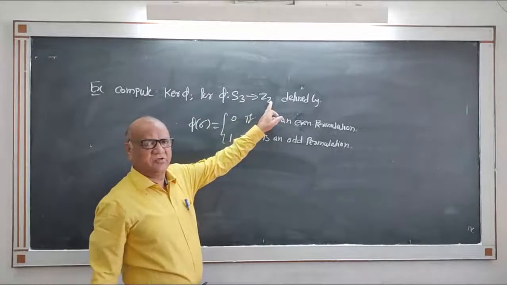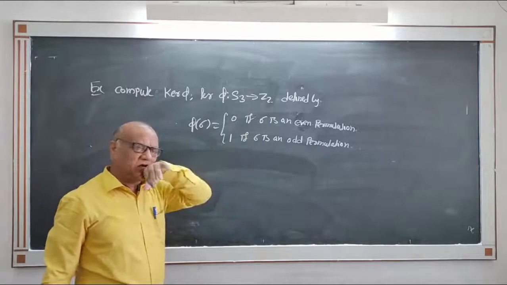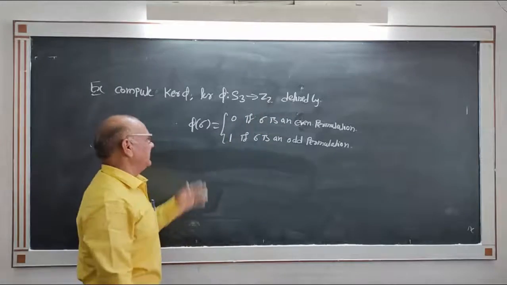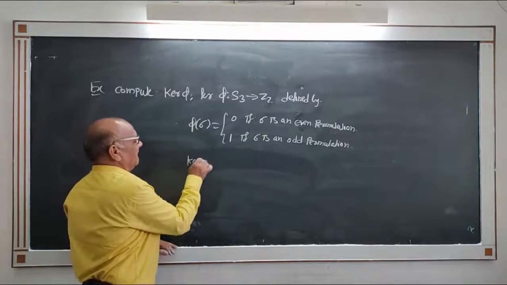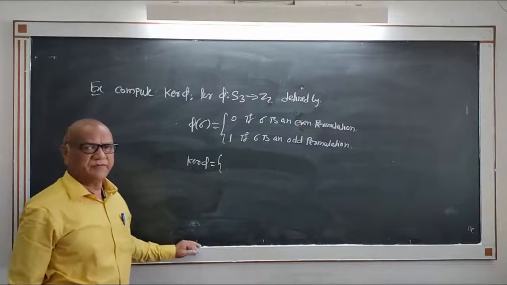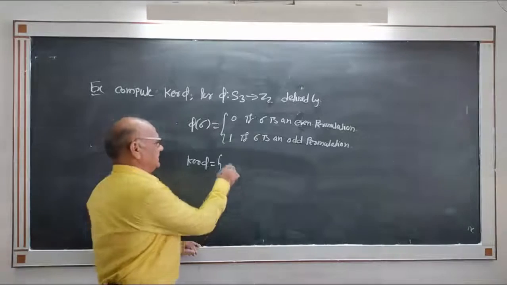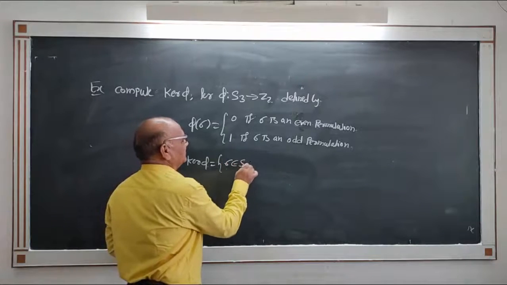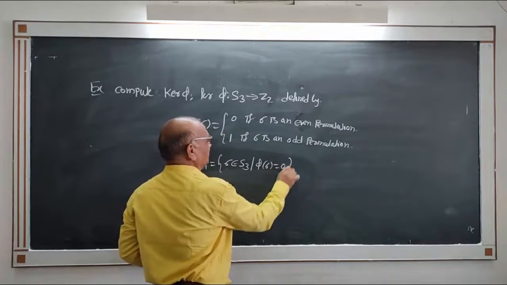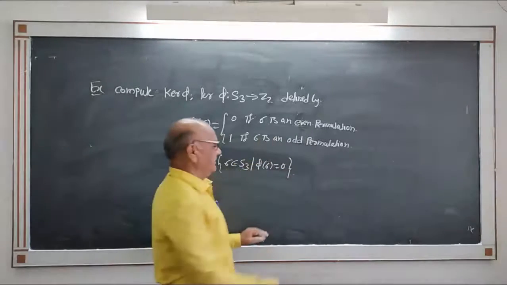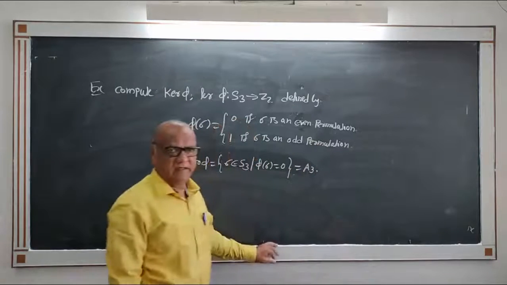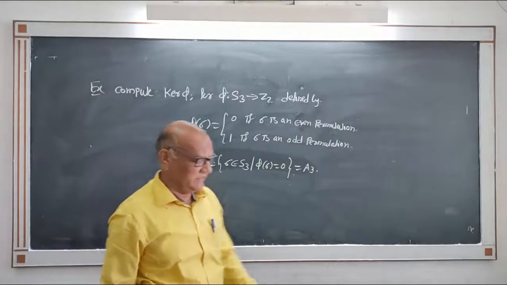Here identity is 0. That means kernel phi contains those elements whose image is 0. And clearly kernel phi contains sigma belongs to S3 such that phi of sigma is equal to 0. That means the set of even permutations. This is A3. Here clearly kernel phi is A3.